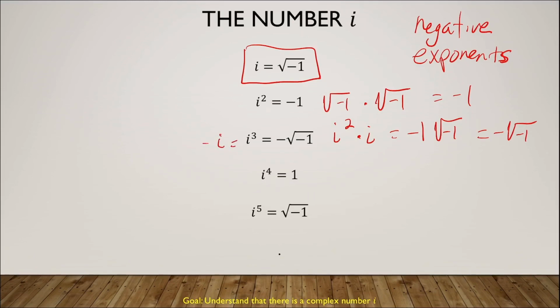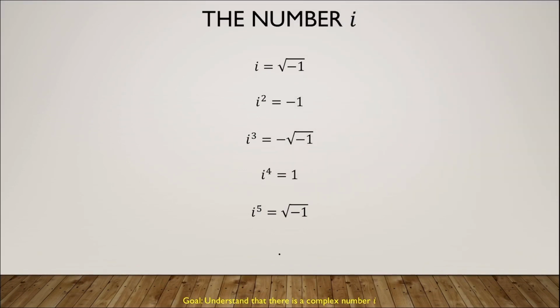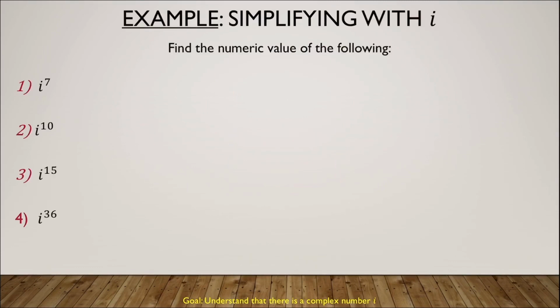It's the other way we talk about it. i to the fourth is 1, so that's i squared times i squared, or -1 times -1, which is a positive 1. Then it just starts all back over. So really, if you can memorize these 4, you can figure out any i to any power, because it's just those 4 in that pattern. Let me show you what I'm talking about.